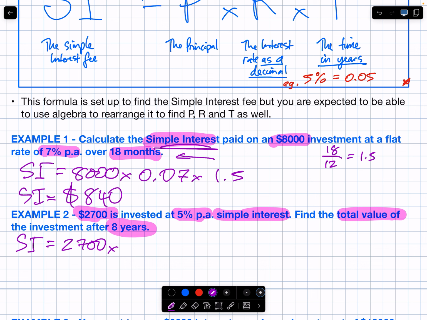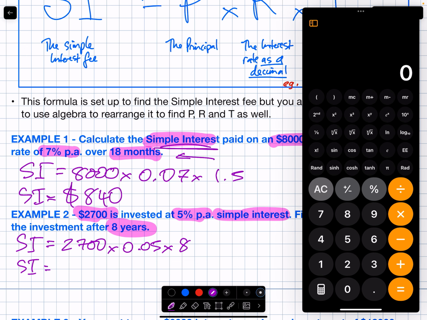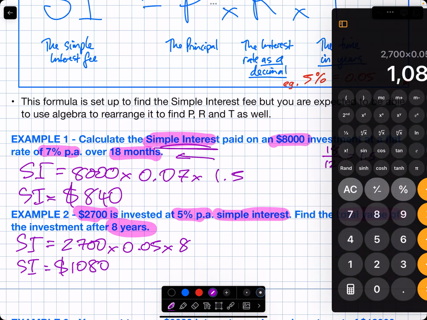What's 5% as a decimal? 0.05 times by, how many years is it? 8. So SI, the cherry on top, is 2,700 times by 0.05 times by 8, which is 1080. But what does that 1080 represent?